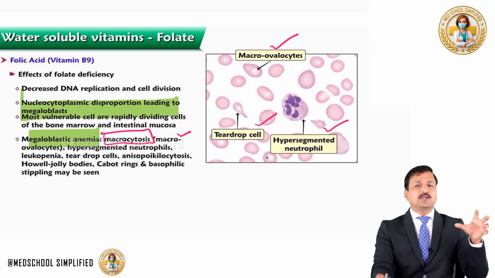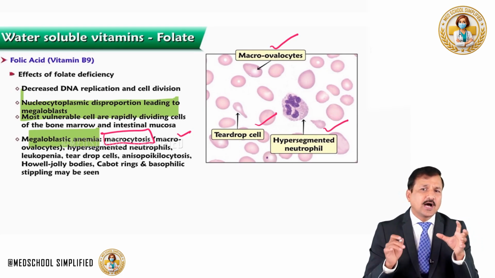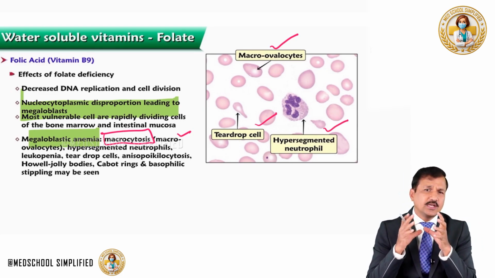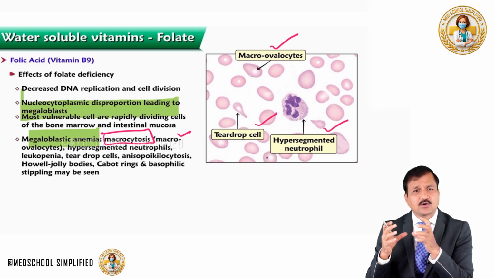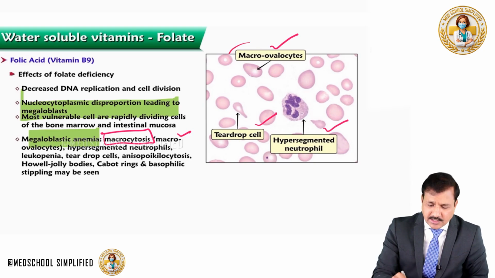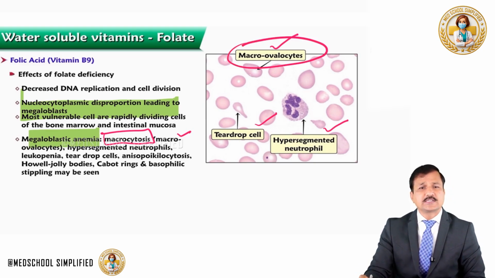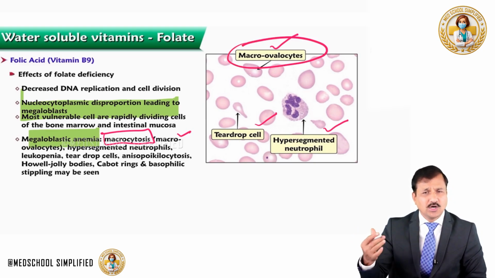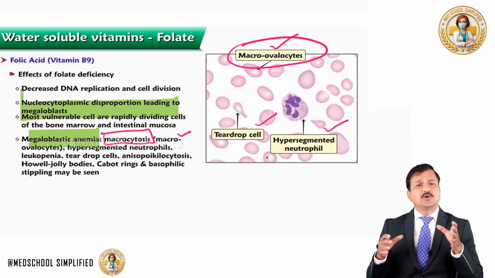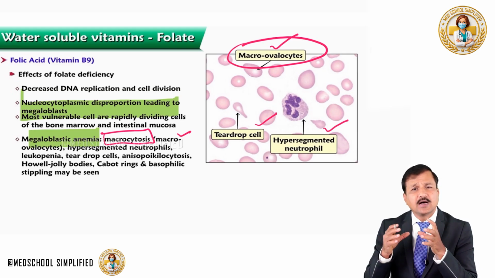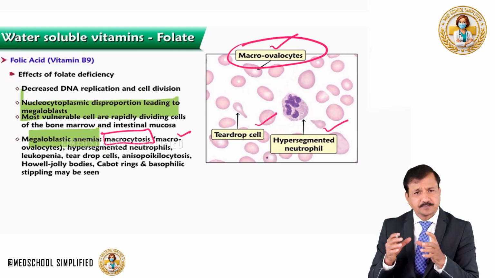Now, if you look at macrocytosis, the RBC size is usually larger than normal. Macrocytic, oval shaped, egg shaped macro-ovalocytes are the diagnostic feature of folic acid deficiency and also cobalamin deficiency. We are going to see that.